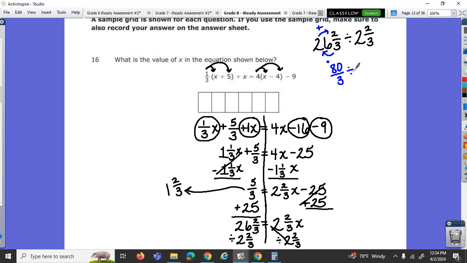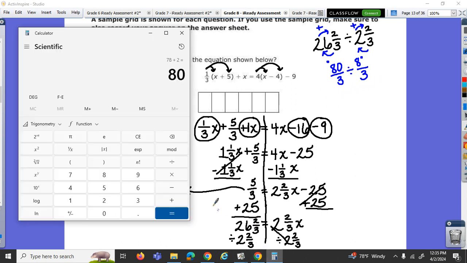Divided by, and we can probably do this one in our head, right? 3 times 2 is 6, plus 2 is 8. So 8/3. Okay, now you can do your KCF here. Keep, change, flip.